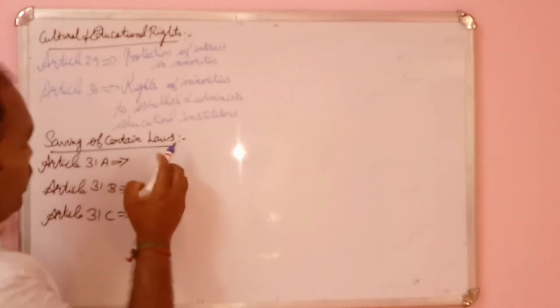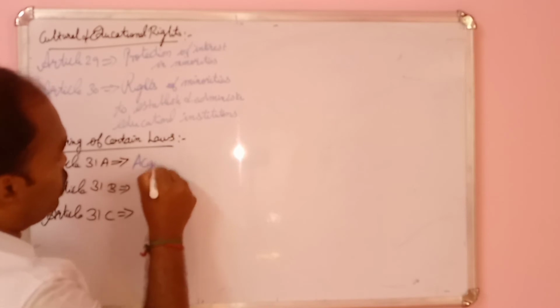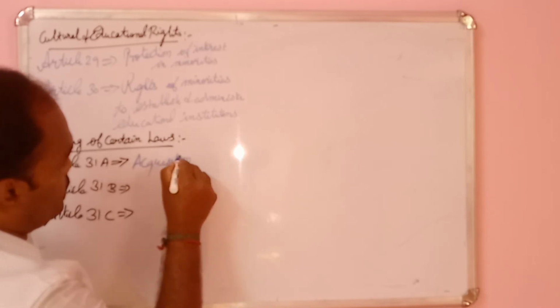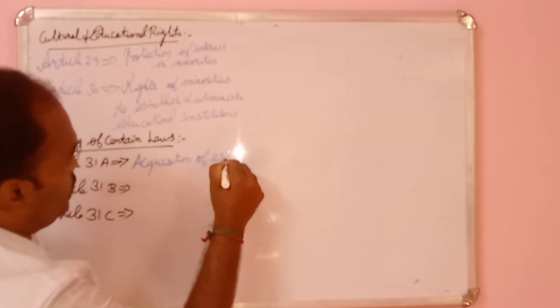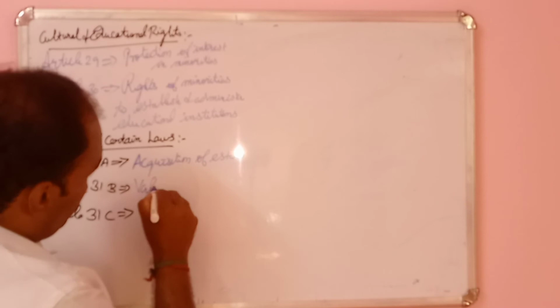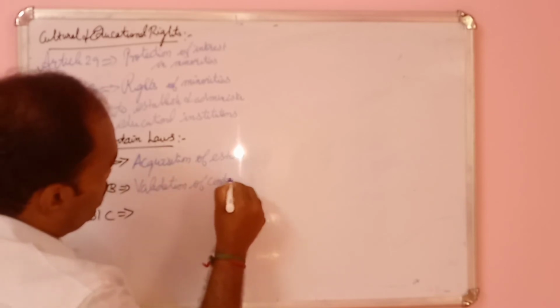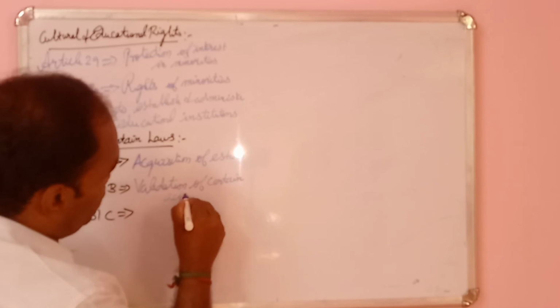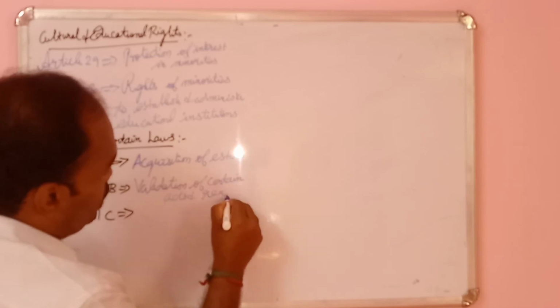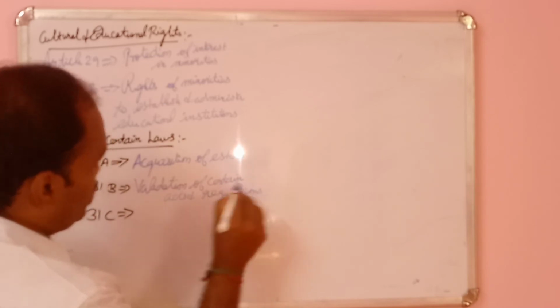Saving of certain laws is mainly acquisition of estates. Next, Article 31B is validation of certain acts and regulations.